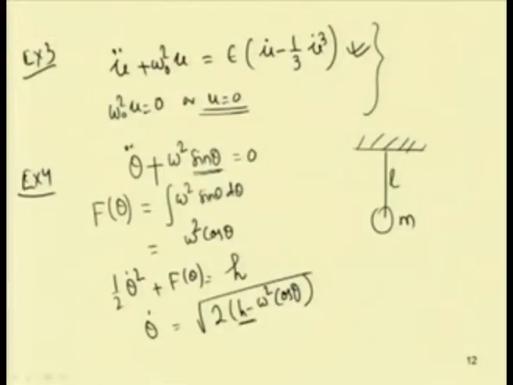For different values of h, one can plot this flow, that is theta dot, and one can find the equilibrium positions. In this case one can have two equilibrium positions.